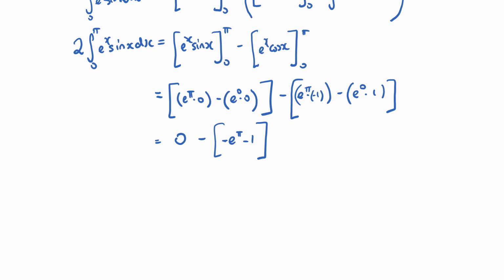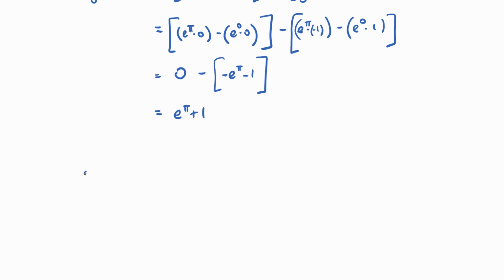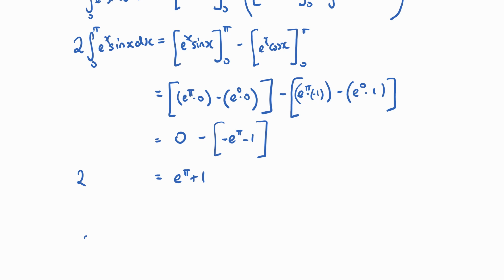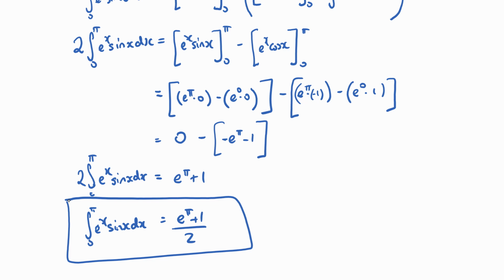So this will equal negative negative, so positive e to the pi plus 1, and that's what 2 times our integral of e to the x sine x dx was. So finally, the integral between pi and 0 of e to the x sine x dx, we can just divide by the 2 underneath. We're going to get e to the pi plus 1 over 2. Okay, long question, but we finally got our answer.